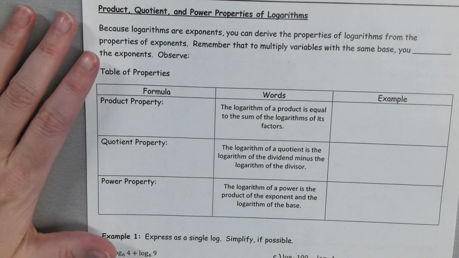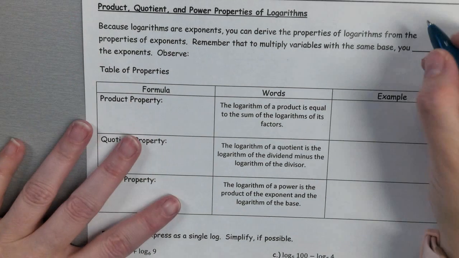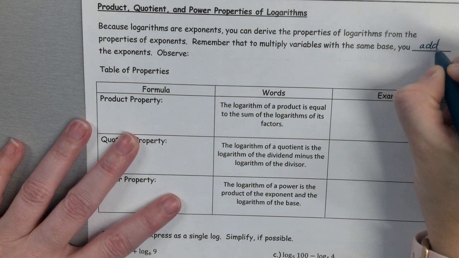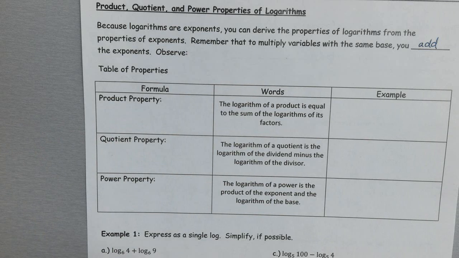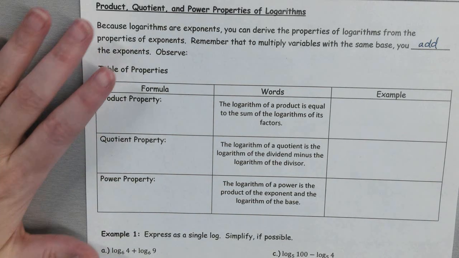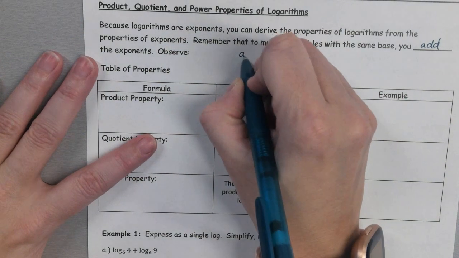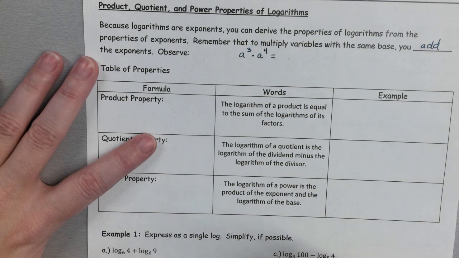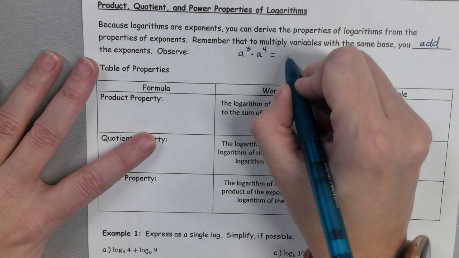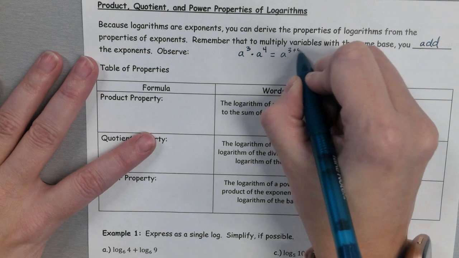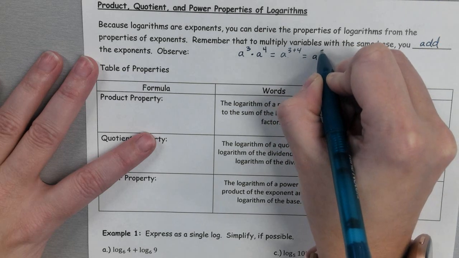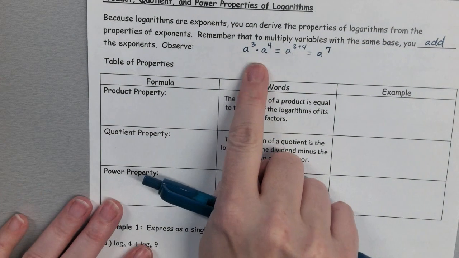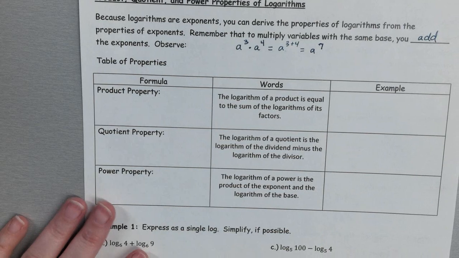When you multiply variables with the same base, you add the exponents. So this says observe. If you have a to the third times a to the fourth, that would be a to the what? Yep, because you could do 3 plus 4, which would be a to the 7th.